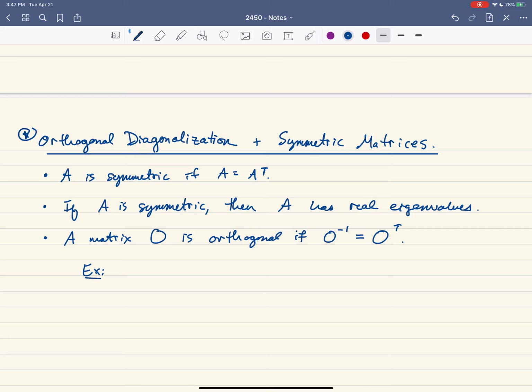Let's say 0, 1, negative 1, 0. Let's call this O. If you compute the inverse of O, what you end up with is O transpose. That's the behavior that we're looking for in orthogonal matrices.